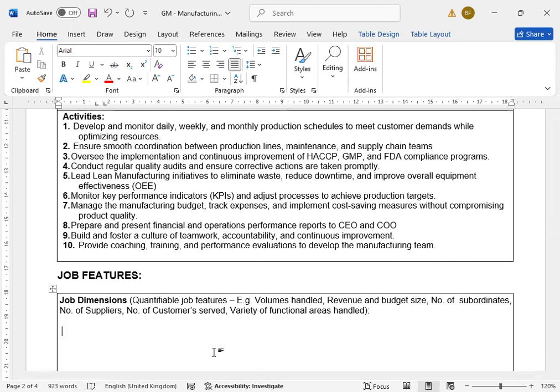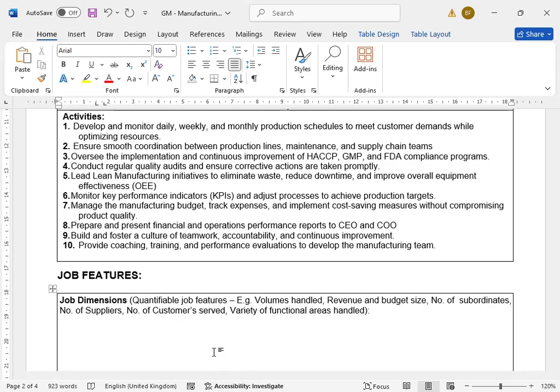The job dimension of the role is very important in getting a higher grade and higher compensation.